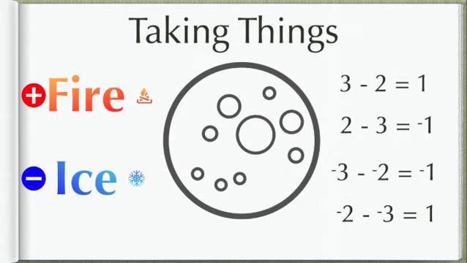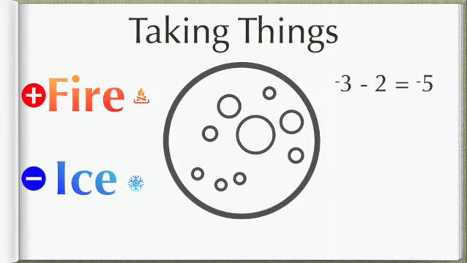What if you combine both positives and negatives, like this? Negative 3 minus 2 is negative 5, and I'll show you why. We start with 3 ice, so here's my 3 ice. Now I'm supposed to take away 2 positives, 2 fires, but there isn't any fire in the pot.